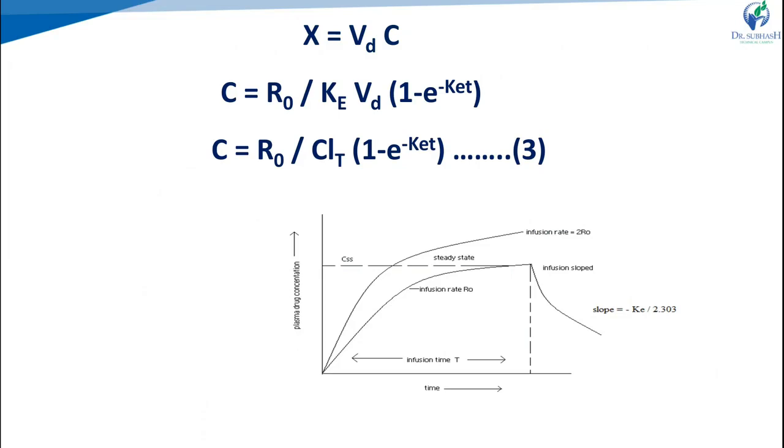Ke into Vd we can replace, it is also called the clearance. So we can write it like that also: C is equal to R0 upon clearance, 1 minus e raised to minus Ket.